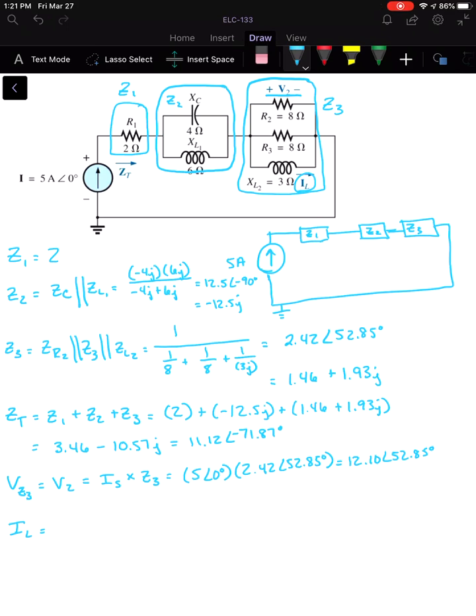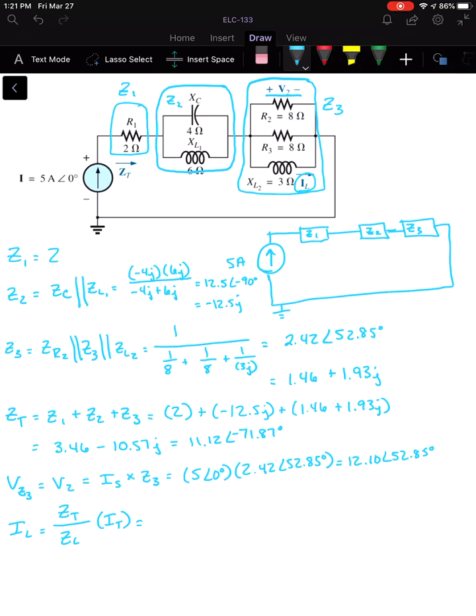So we're going to use the current divider rule here. Now, if you had two branches, you could take that shortcut equation that we were using in DC. However, since we have three branches here, I'm going to use the standard form of the current divider rule, where you would take the total impedance divided by the impedance of the branch where you're looking for the current times the total current through the circuit.